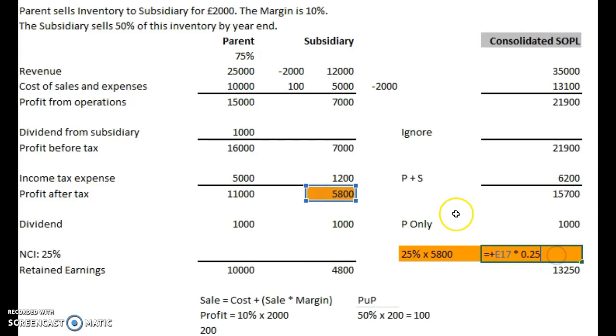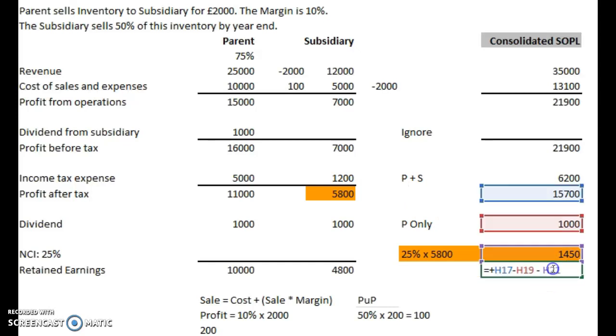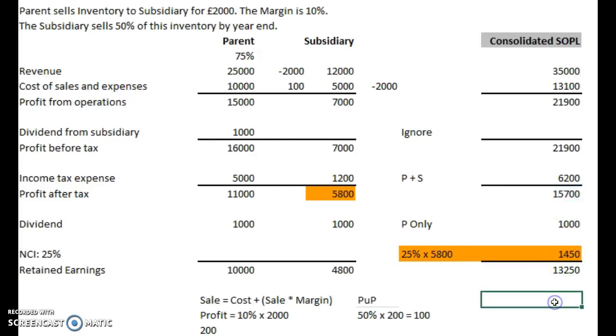So this amount times 25% gives a total figure of 13,250. So we've taken the profit after tax, taken off the dividend, and taken off the NCI to get to that figure, 13,250.